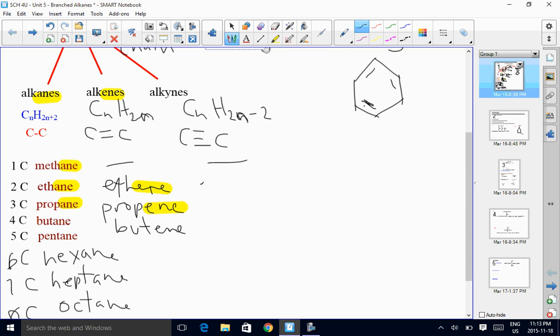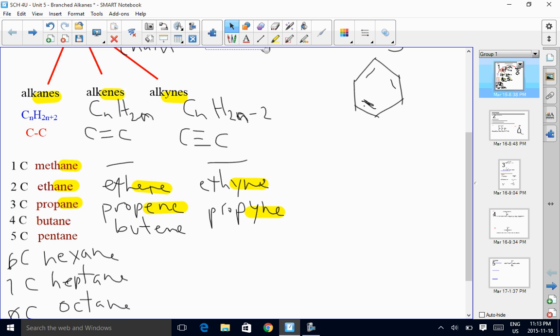So the next one would start with ethyne, propyne, and you could take a minute just to continue that list. Notice the endings go with alkynes. Just take a minute to fill that in.